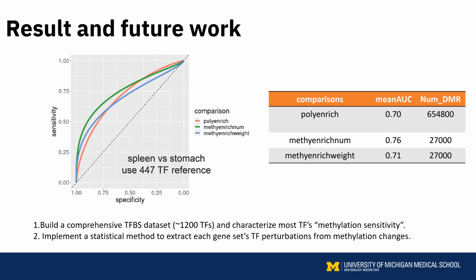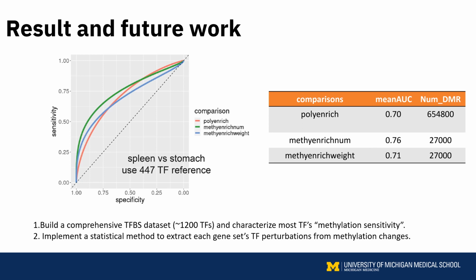Here we can see PolyEnrich is a method that uses a large set of genomic ranges, using all the DMRs, while METHYENRICH only uses a small set of DMRs which overlap transcription factor binding sites, and it can perform as well as PolyEnrich.